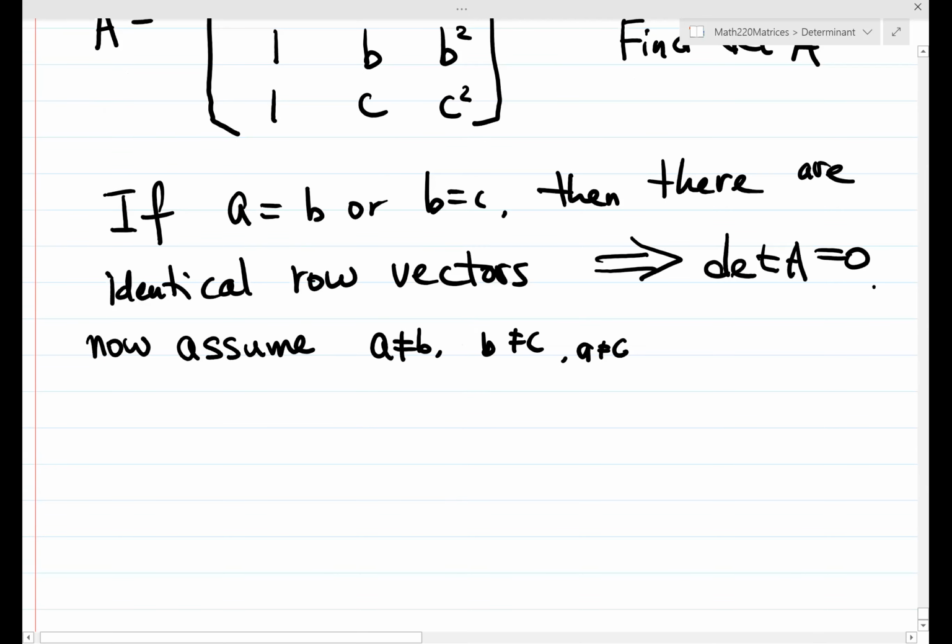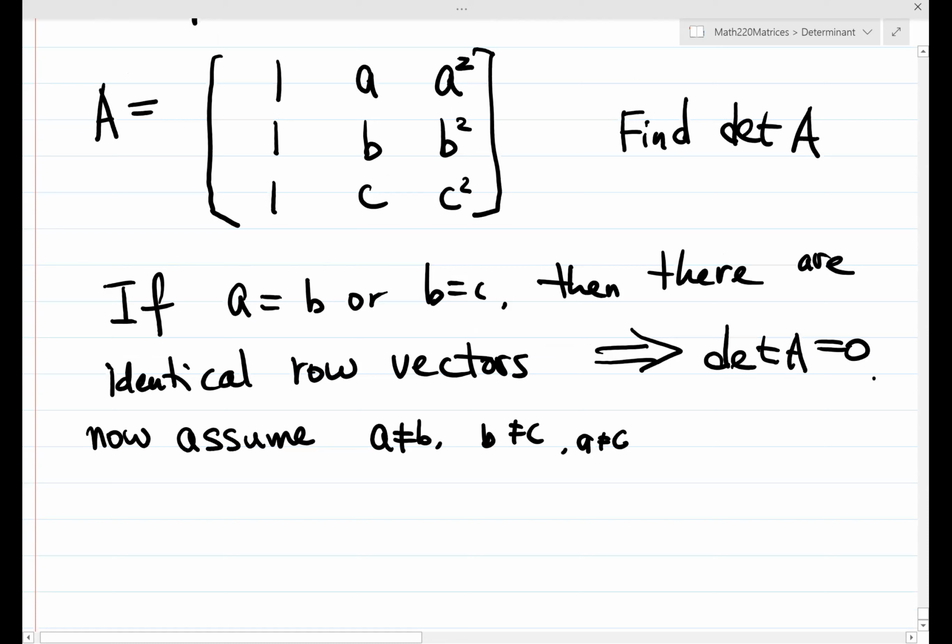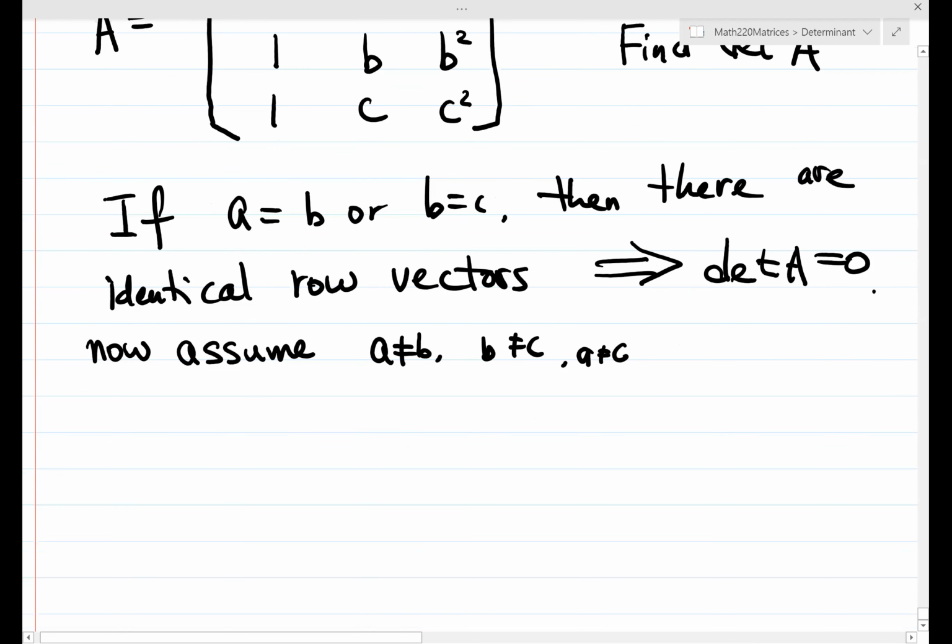Now there are two methods. We can either expand it by definition using permutations, or expand it by the first row and then transform it to a 2 by 2 determinant. Or here we use row operations to transform A to an upper triangular matrix, and then we multiply the diagonal entries to get the determinant.